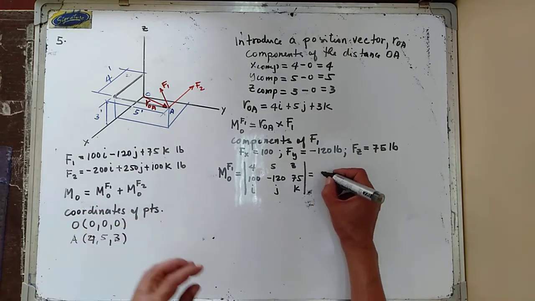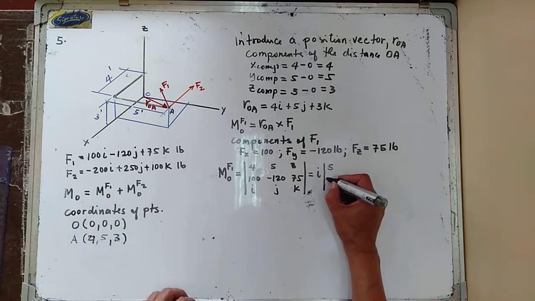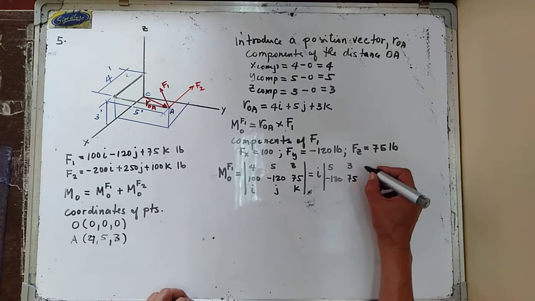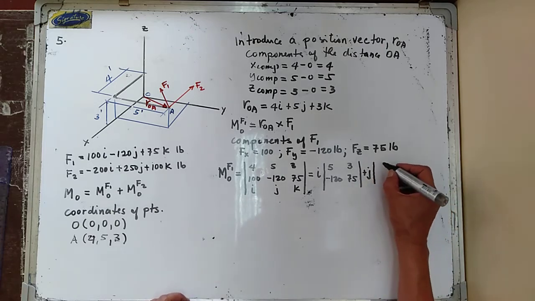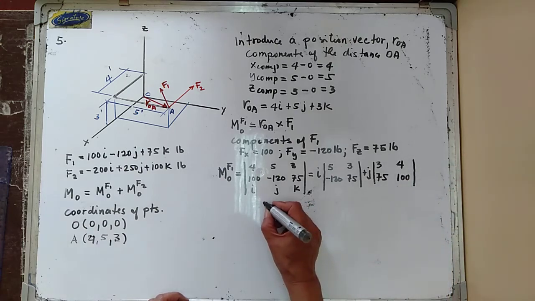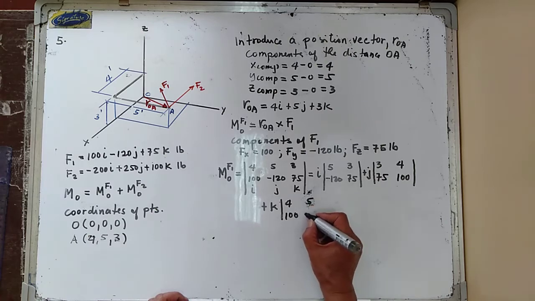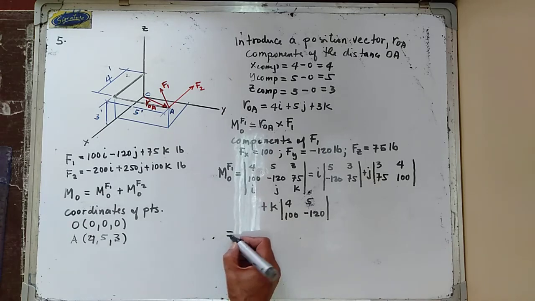This is equal to i times 5, negative 120, 3 and 75, plus j times 3, 75, 4, and 100, plus k times 4, 100, 5, negative 120.